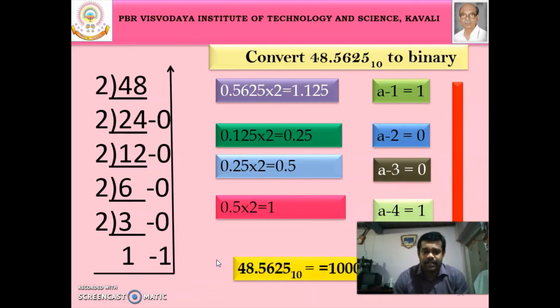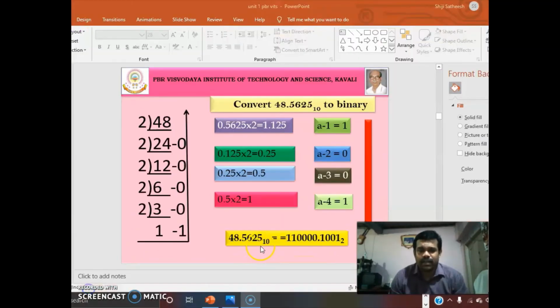So the answer is 1, 1, 0, 0, 0, 0.1001. So this is the fraction part and this is the whole number part.